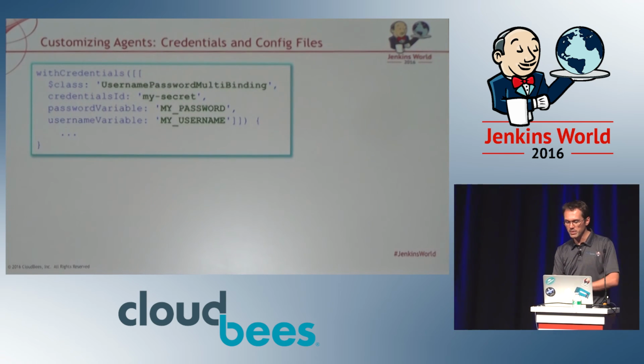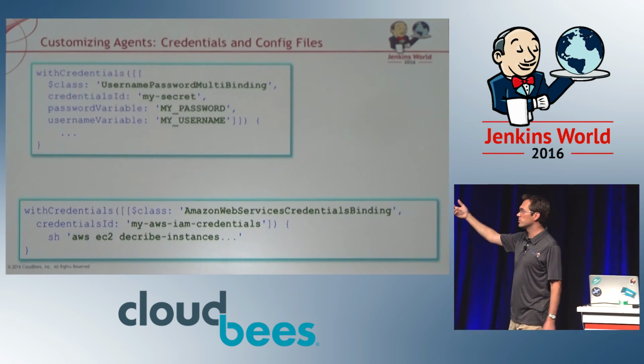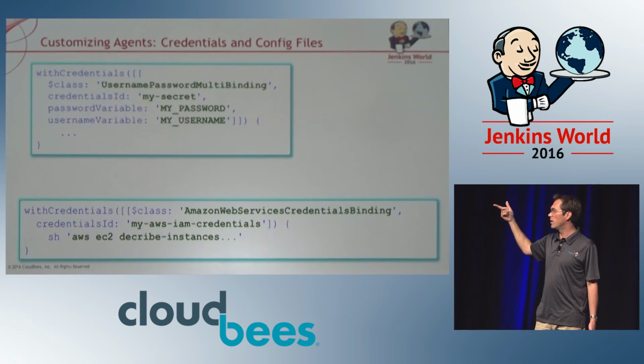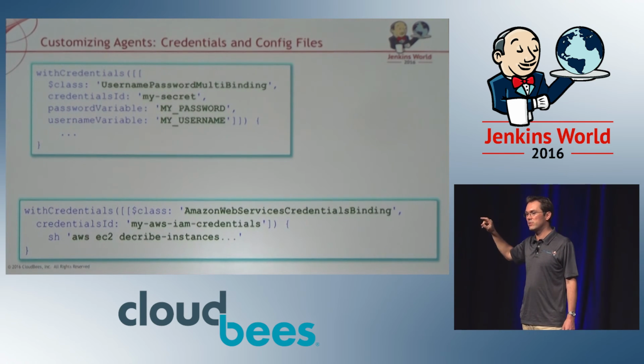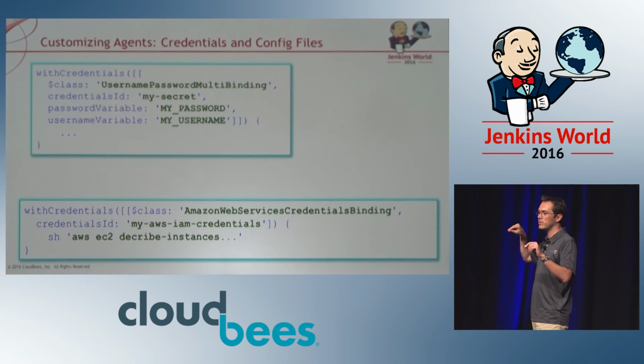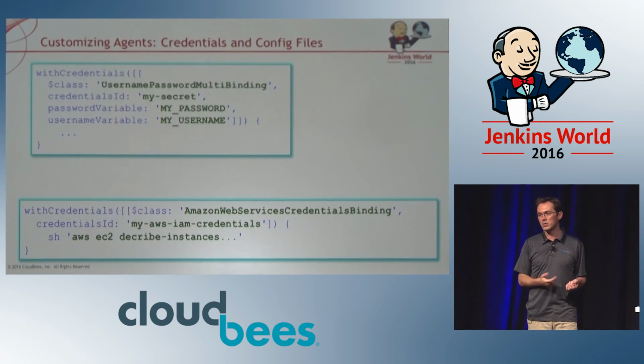This is for login and password. Now this can be for AWS credentials, IAM credentials. You don't even have to declare the environment variable names for the access key and the secret key, because we know that the defaults are AWS_ACCESS_KEY_ID and AWS_SECRET_ACCESS_KEY. So you can omit this, it's very compact, and then you can use the AWS CLI.